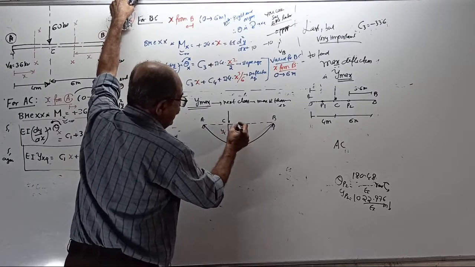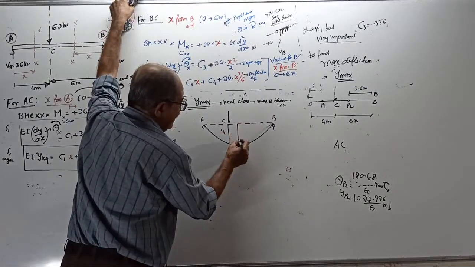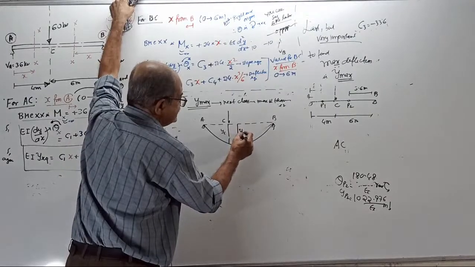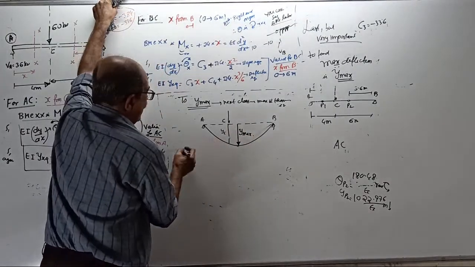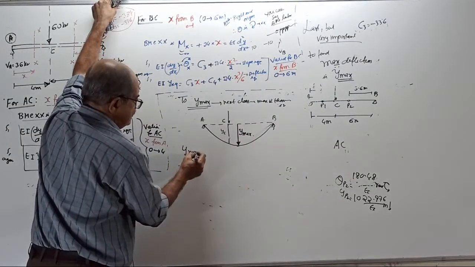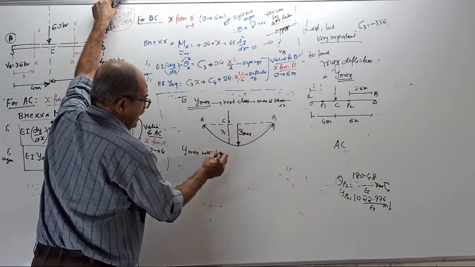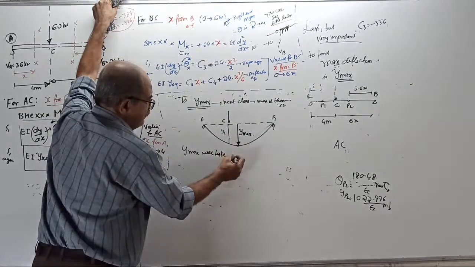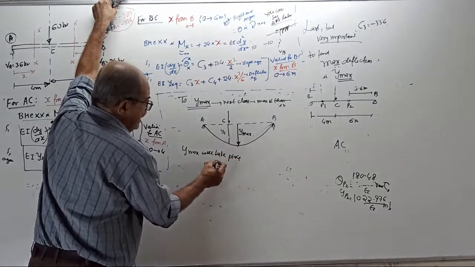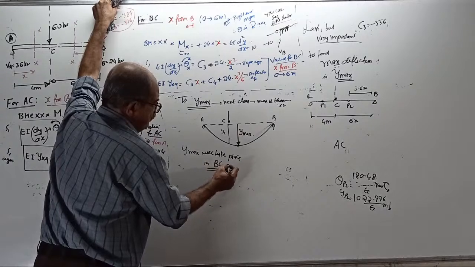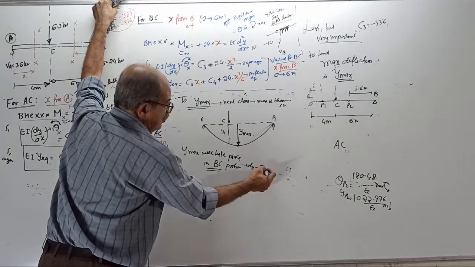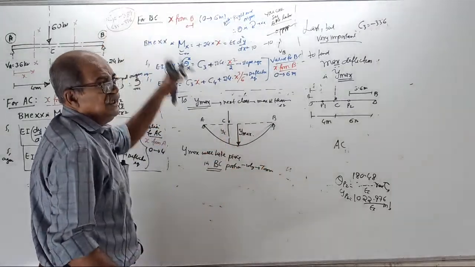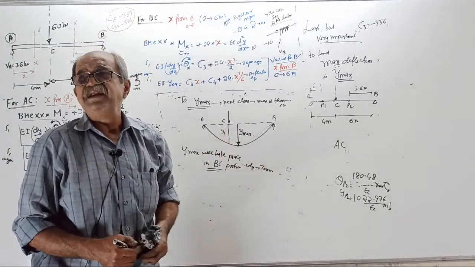As you go that way, somewhere here is Y maximum. So first write Y maximum will take place in BC portion. Actually, I will take a scale, bend it and show you tomorrow.